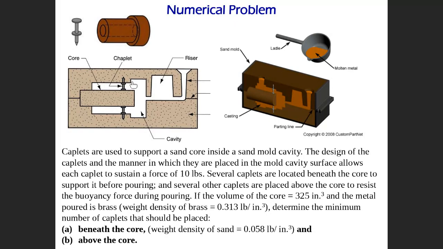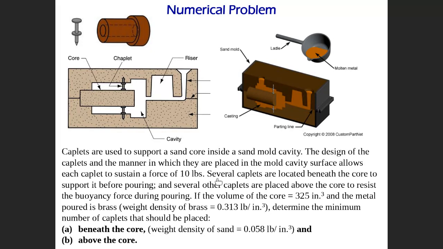Only 10 pounds, no more, right? Several chaplets are located beneath the core to support it before pouring, and several other chaplets are placed above the core to resist the buoyant force during pouring.